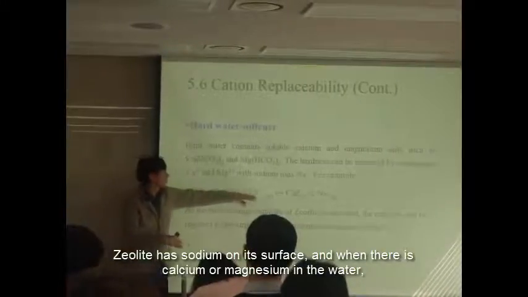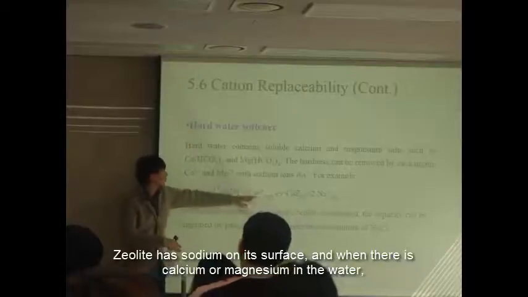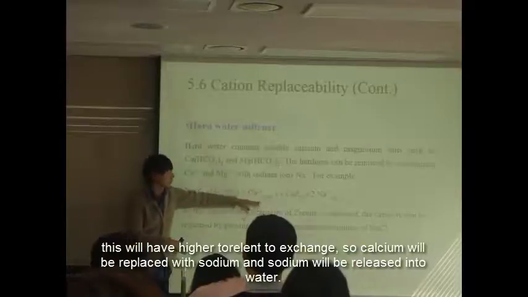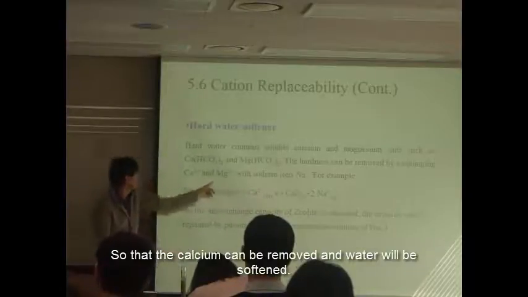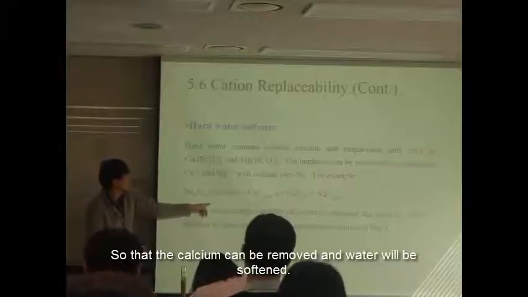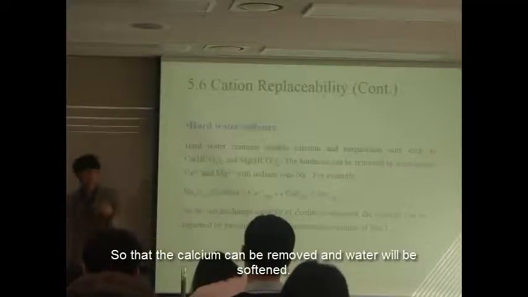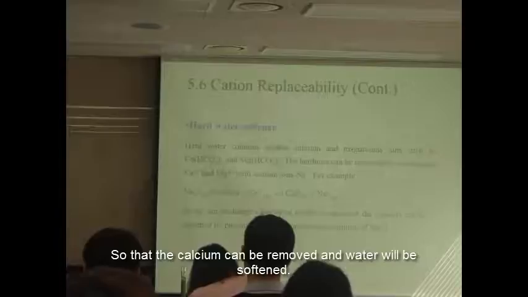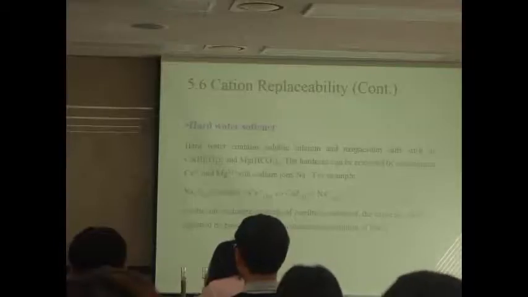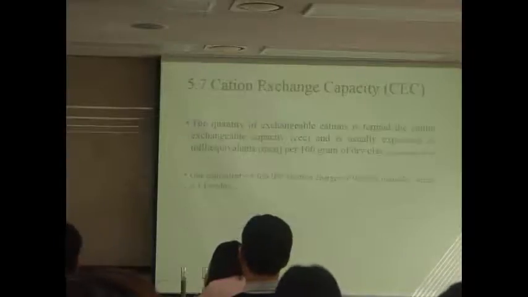And when there is calcium or magnesium in the hard water, this will have the higher power of exchange, right? So the calcium will be replaced by the sodium. The sodium will be released into the water, so that the calcium can be removed, so the water will be softened. That's just one principle, or one method, to make it softer.